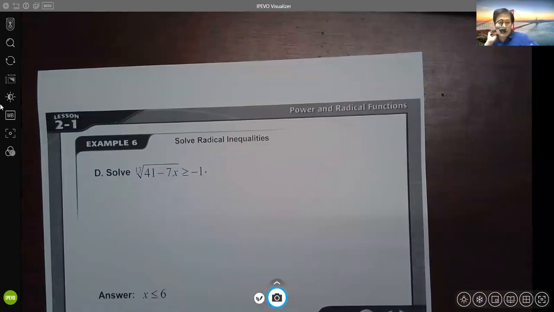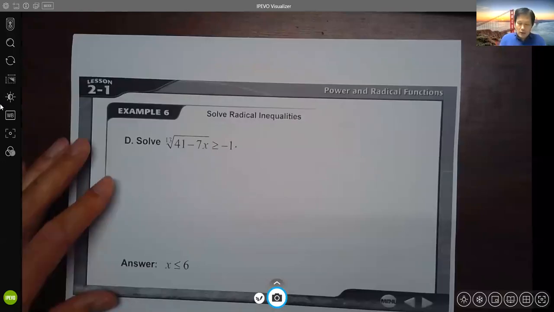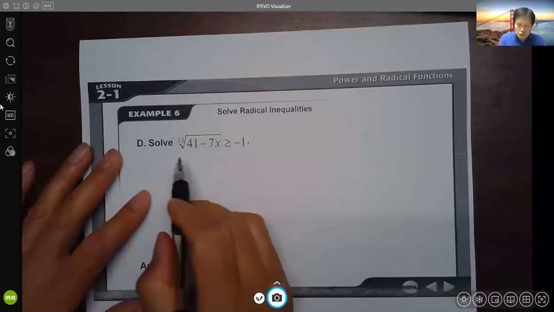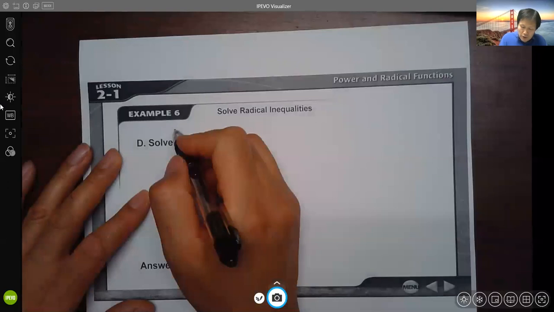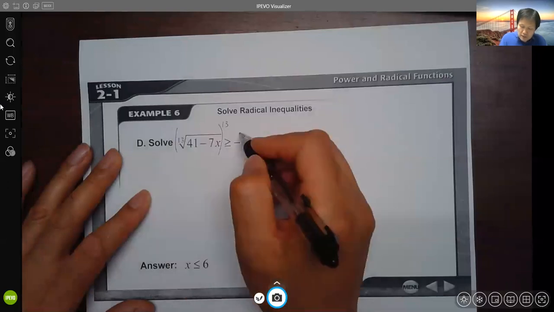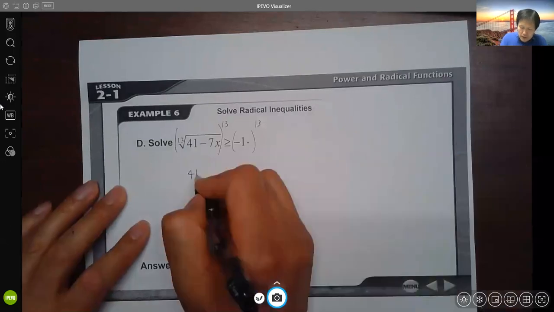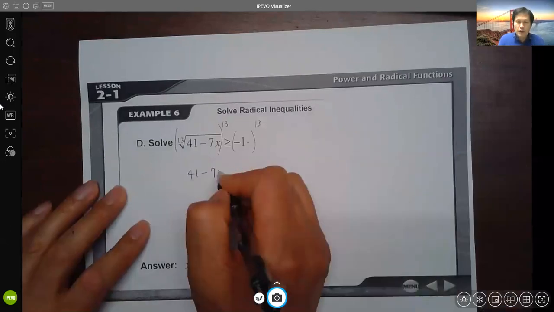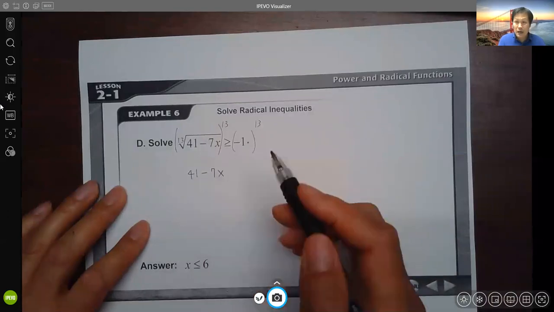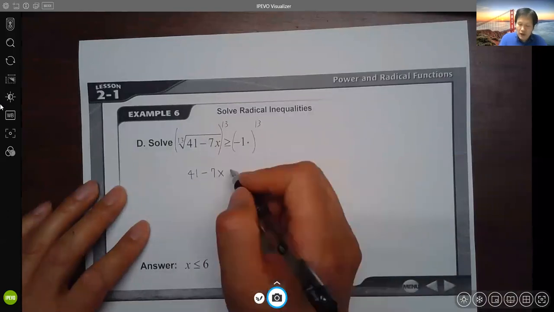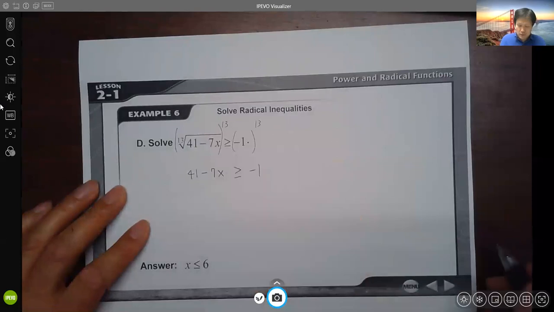Okay, this is an inequality. How do we get rid of a 13th root? Take a 13th power, both sides. Take a 13th power, so 41 minus 7x minus 1 parenthesis 13th power, odd power. Minus survives. Okay?